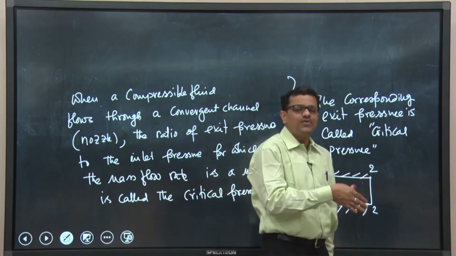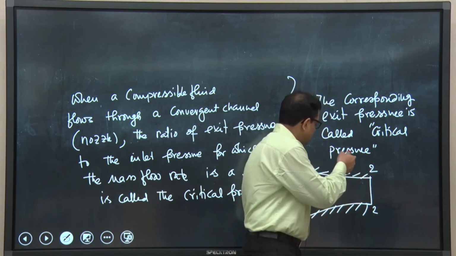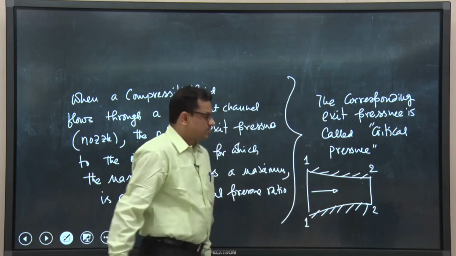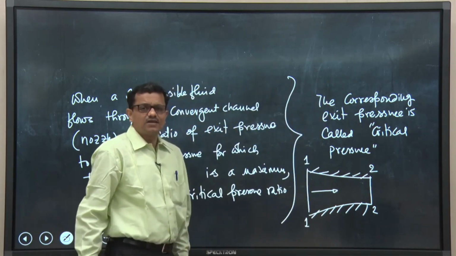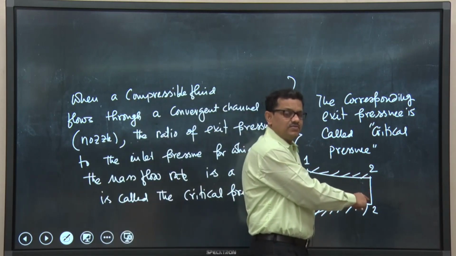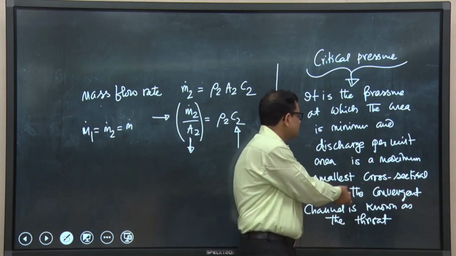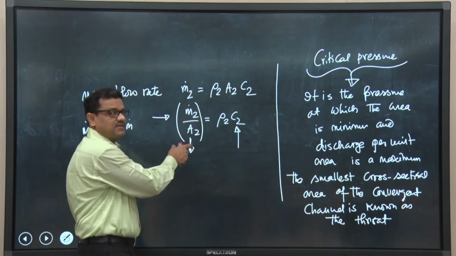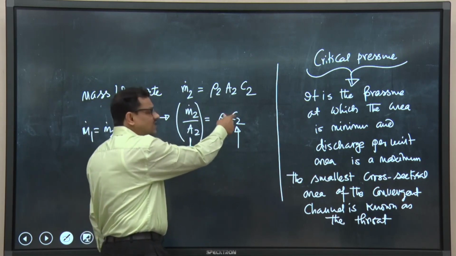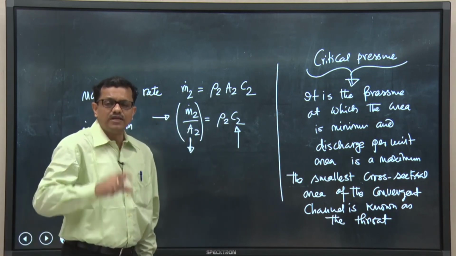So, our nozzle is said to be operating at the critical pressure condition when the mass flow rate is maximum and area is minimum, because if we need the mass flow rate to be maximum, the velocity should be maximum. To obtain the higher velocity, the area should be reduced, so area should be minimum.